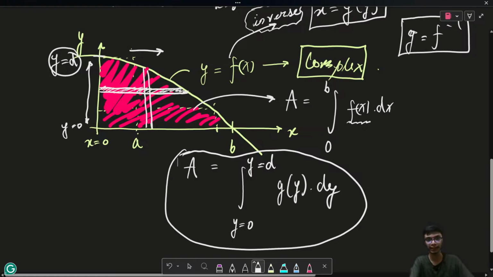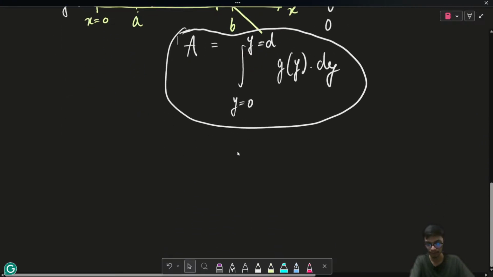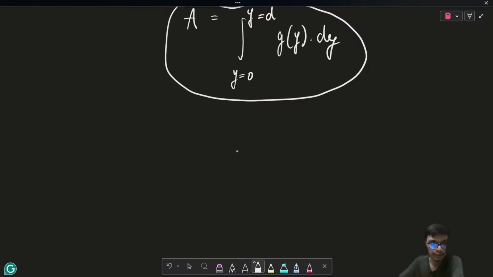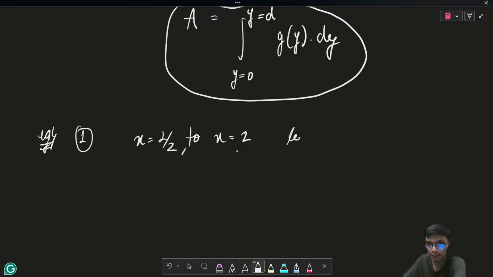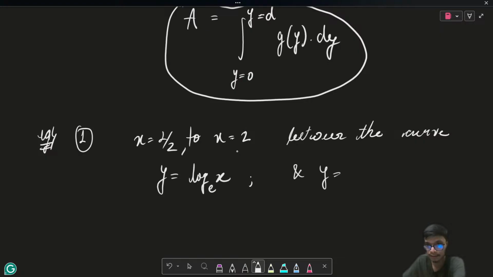Okay, so let's proceed with the class and try to see one simple example question. Let us say I have a simple question: find the area between the region x equals half to x equals 2, between the curve y is equal to natural log of x and y is equal to 2 to the power x.